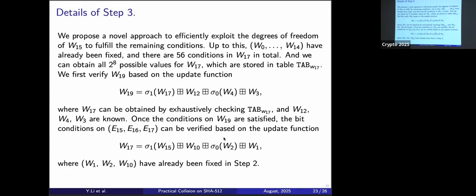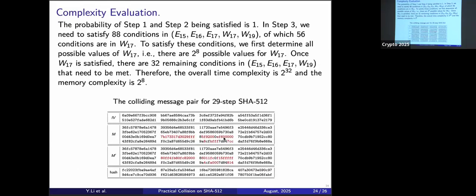These are stored in a table, and we first verify W19, and then we verify the bit conditions on E15, E16, and E17, which can be verified based on the update function. In this method, we can easily obtain the uncontrolled conditions.